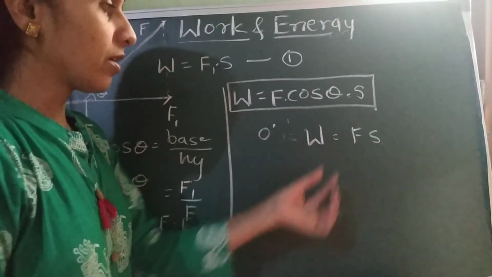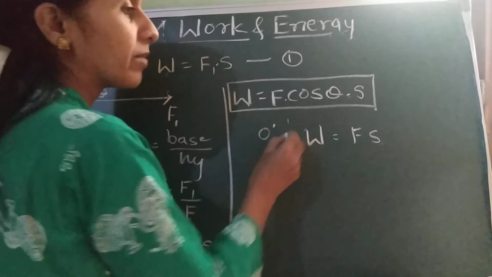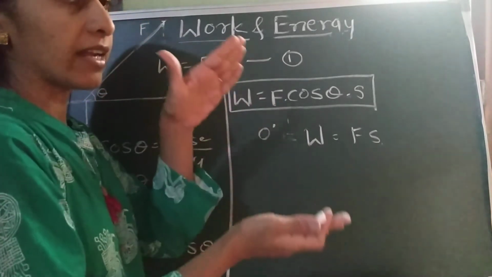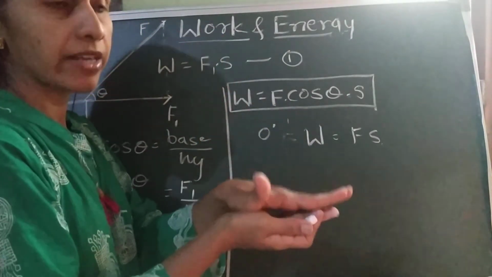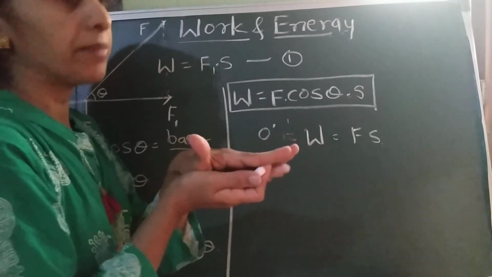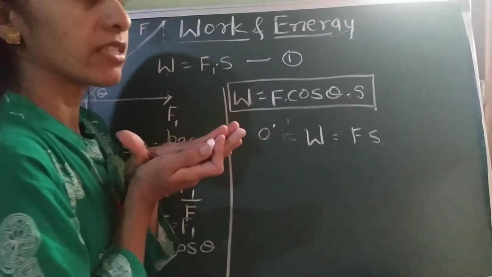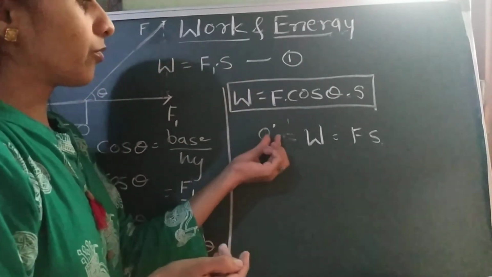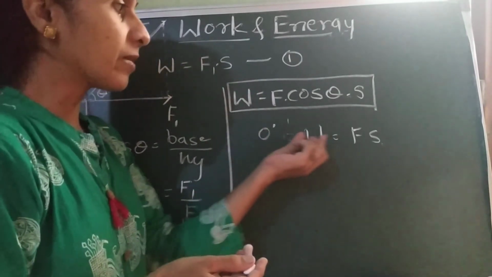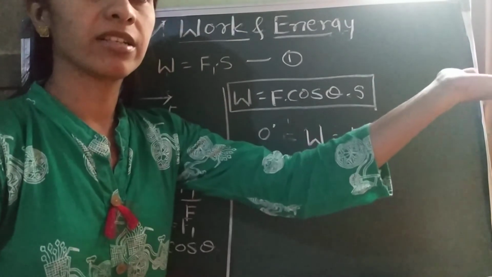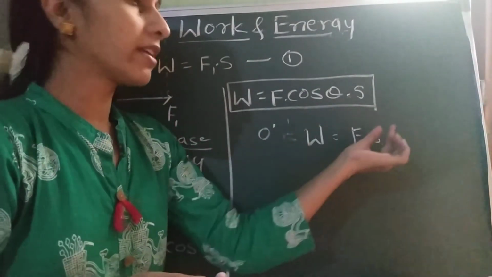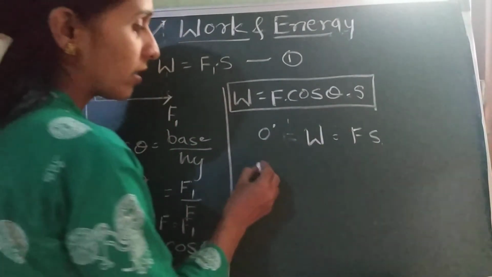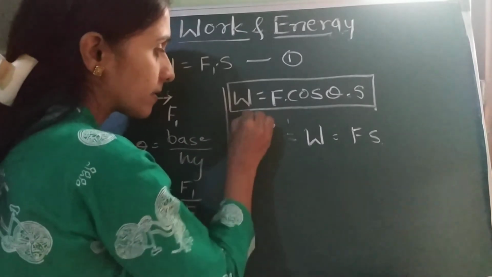When the angle is 0 degrees, the applied force is in the same direction as the displacement. So when the displacement and the force are in the same direction, there is work done.